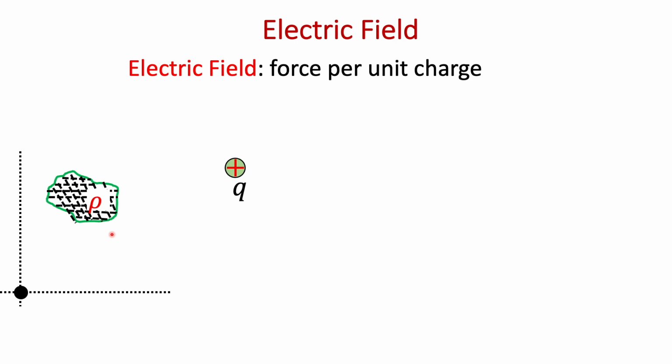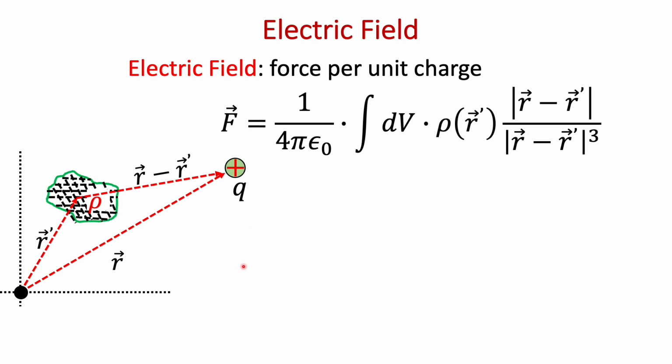The distance from the origin to the charge Q is R, and the distance between the origin and the center of the volume is R prime. Then the distance between the charge density and the charge is R minus R prime. So the force between this charge density and the test charge Q is 1 upon 4 pi epsilon 0 integration dV times rho, which is basically the charge in the volume dV.